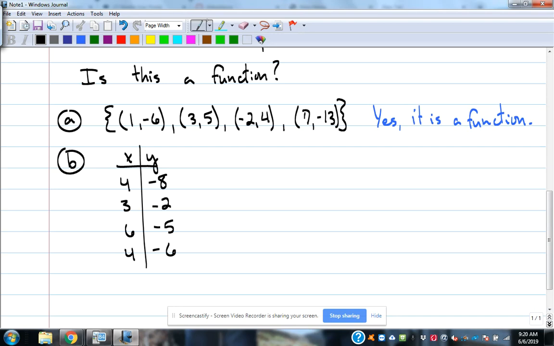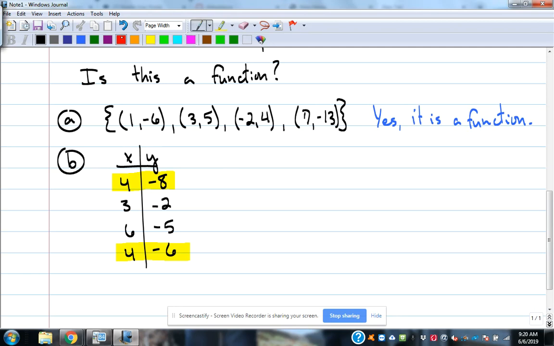So we're, again, just looking at the x values. So we're looking at this column here. Are there any x values that repeat? Yeah, that 4 repeats. It's got a different y value with it each time. And that's an illegal thing when you're trying to be a function. You cannot repeat the x value and have a different y value with it.